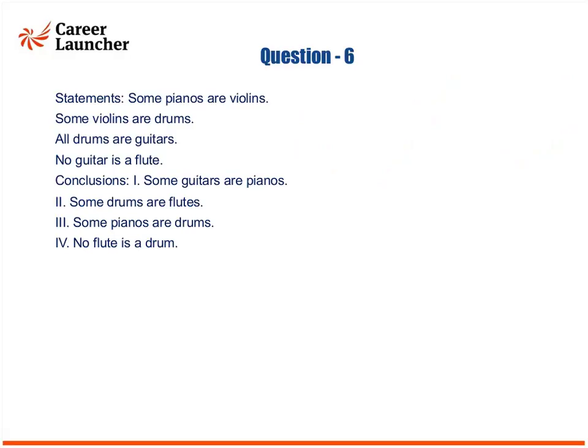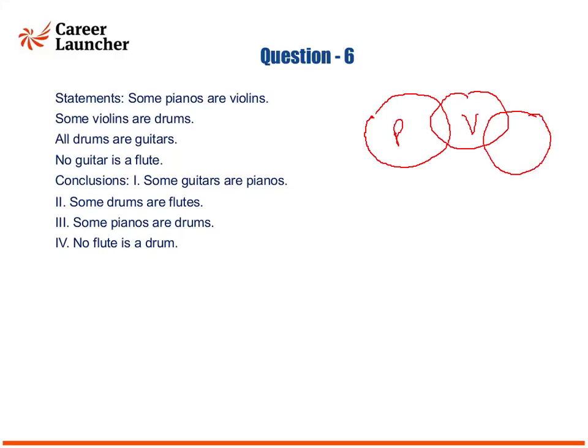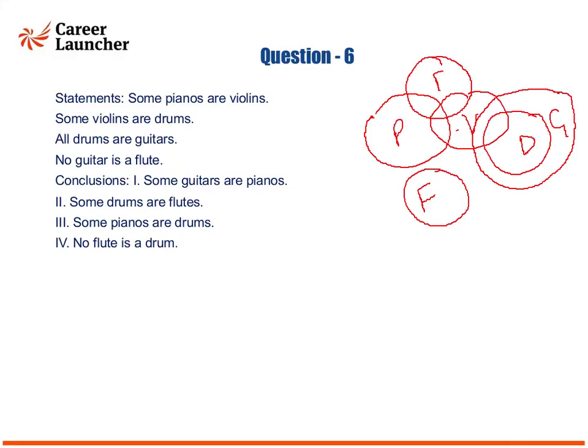So some pianos are violins, some violins are drums, all drums are guitars. No guitar is a flute, so flute can be here or here. We just know that guitars are not flutes.